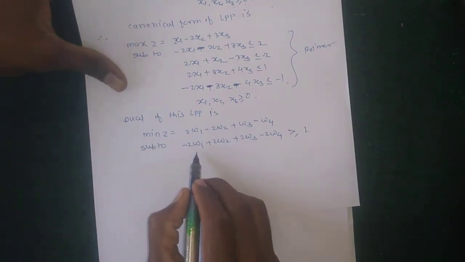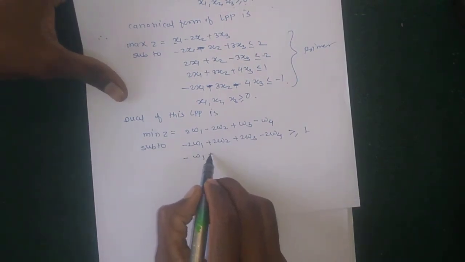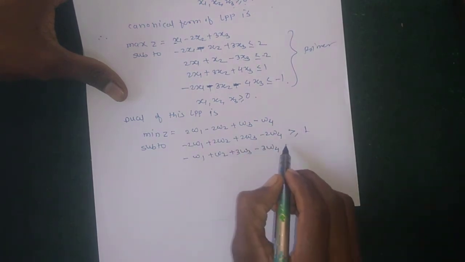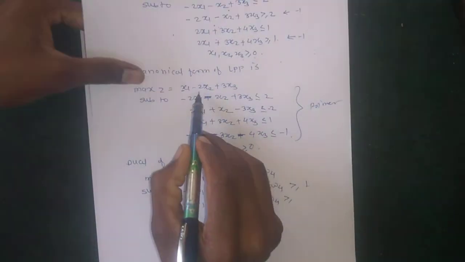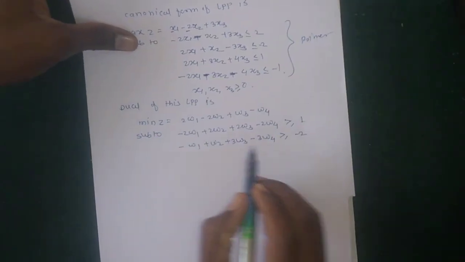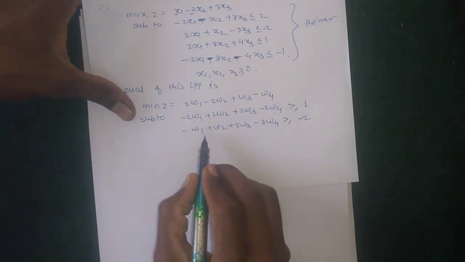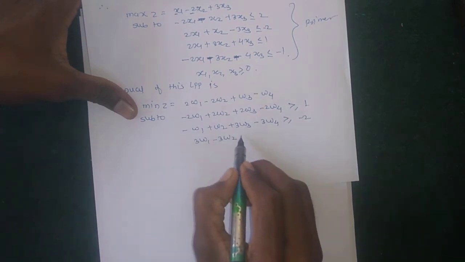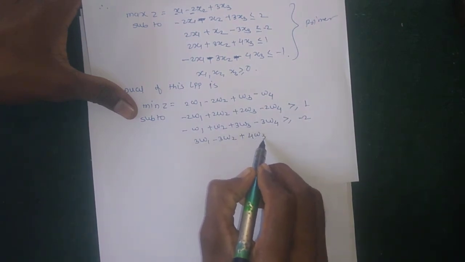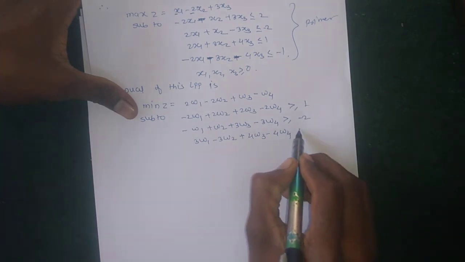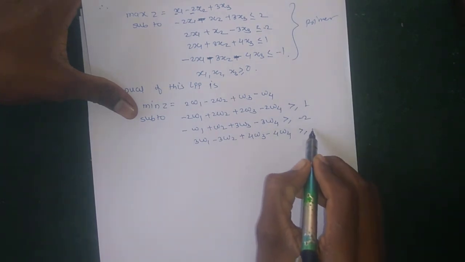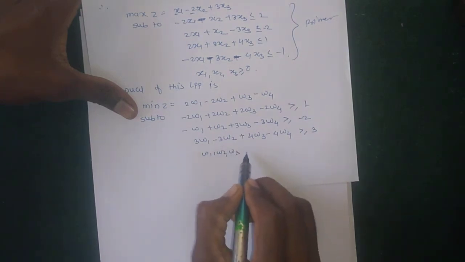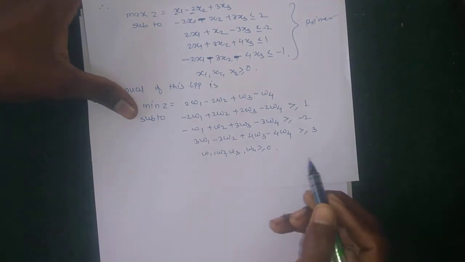Then second: minus w1 plus w2 plus 3w3 minus 3w4 greater than or equal to minus 2, the coefficient of x2 in the objective function. Then third: 3w1 minus 3w2 plus 4w3 minus 4w4 greater than or equal to 3. Okay, and w1, w2, w3 and w4 are greater than or equal to 0.